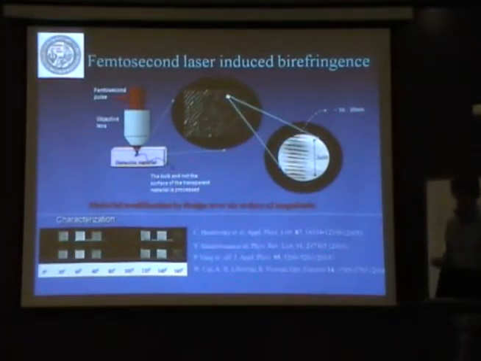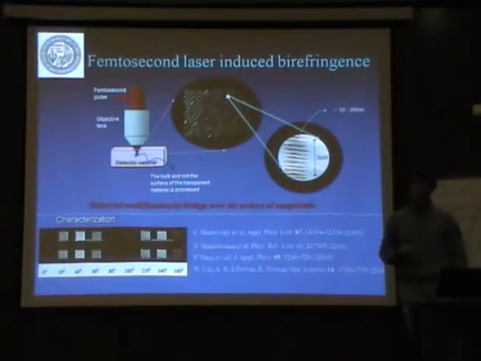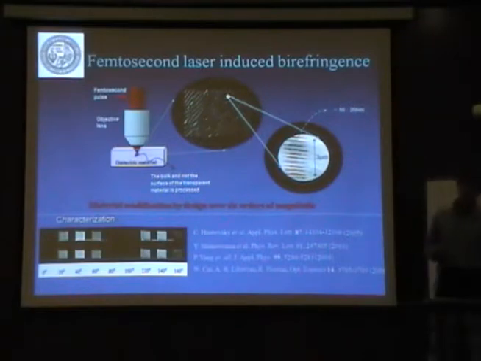Here is what I showed. So you focus the laser in a glass, and you can build all this structure. And if you look at it with more detail with a scanning electron microscope, you can see that there are very fine gradients with grooves in the order of 20 nanometers in width, which are essentially self-generated by the interaction of the light with the plasma.